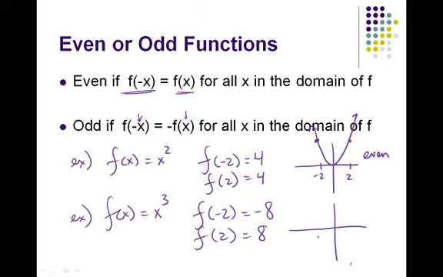This particular odd function looks like this, and so if I plug in f of 2, I get a positive. If I plug in negative 2, I get a negative, and this is called an odd function.